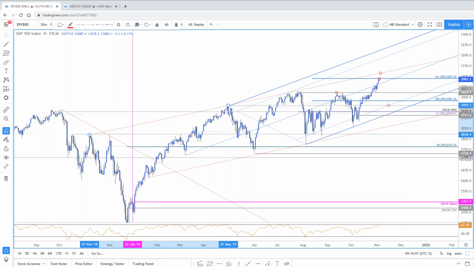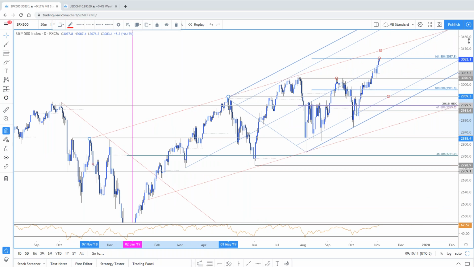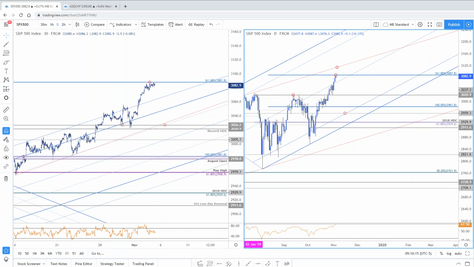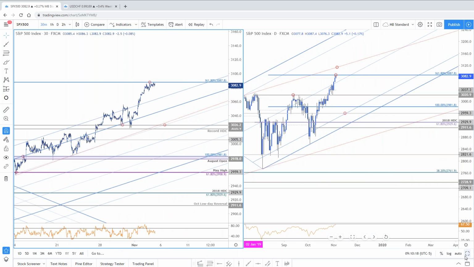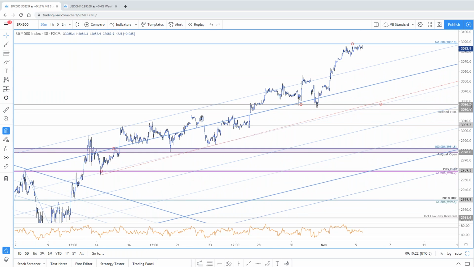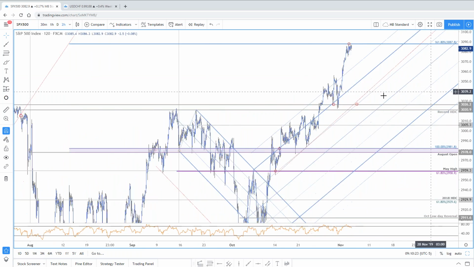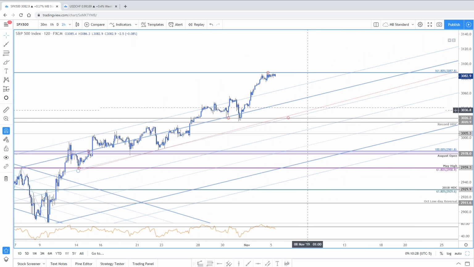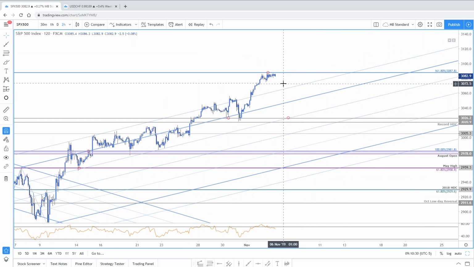If it exhausts here, Pete, Pooja's asking, in the SPX, what trigger would you use to short? Good question, Pooja. I would need, you're talking intraday, because here's the thing, guys, you don't want to fight this rally until you get some topping factors.